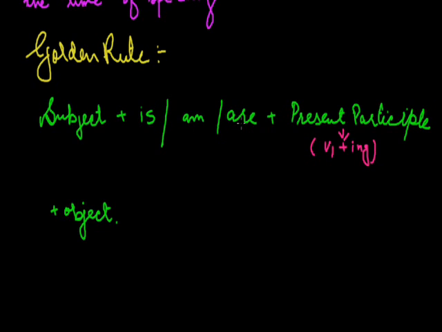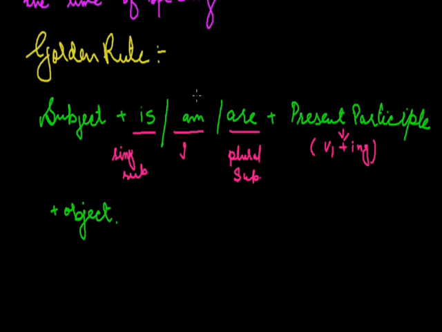Right? Now I have written 3 auxiliary verbs. They have their own uses. First of all, we'll talk about this: am is used with I, is is used with singular subject, and are is for plural.